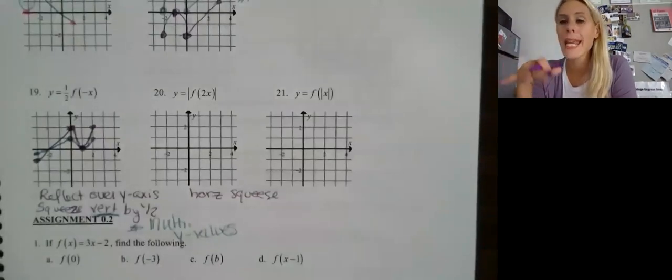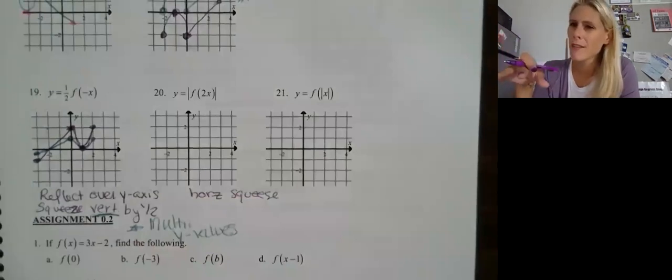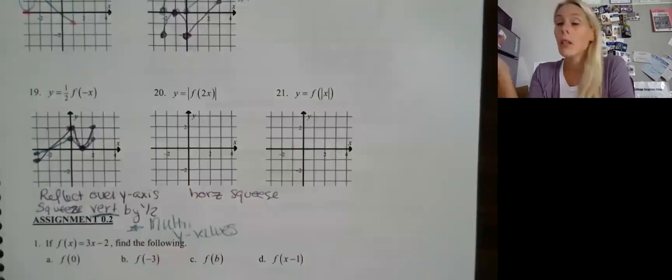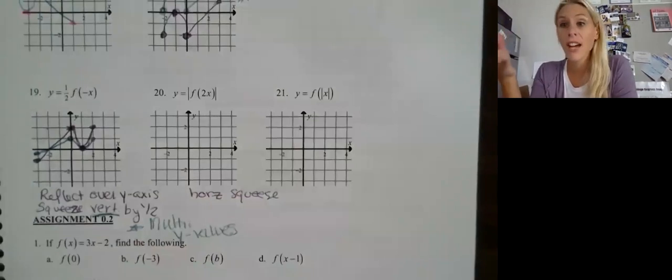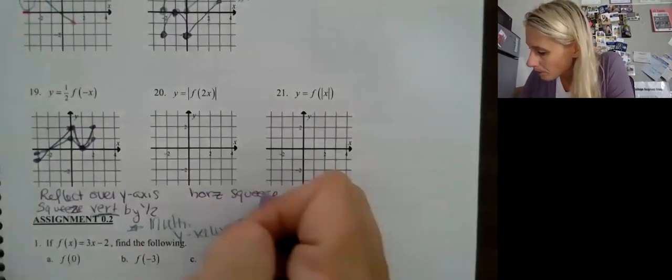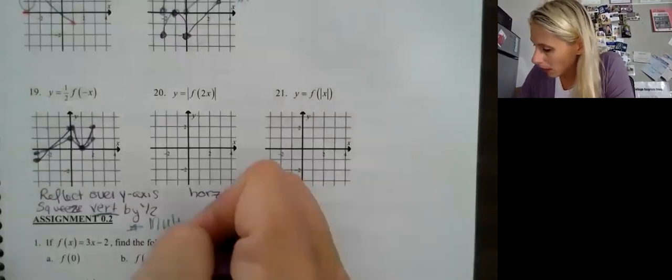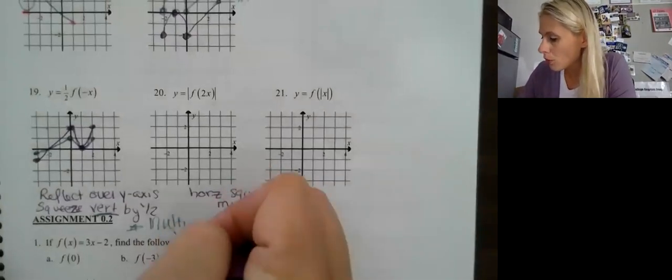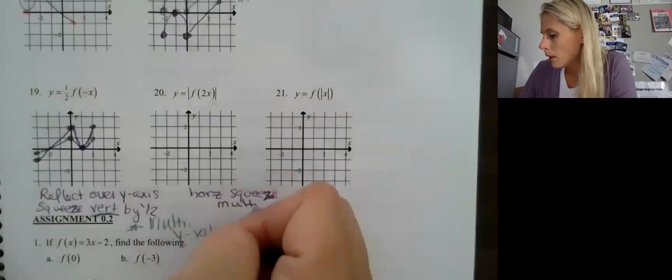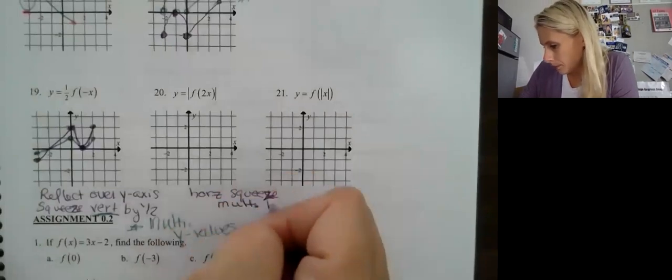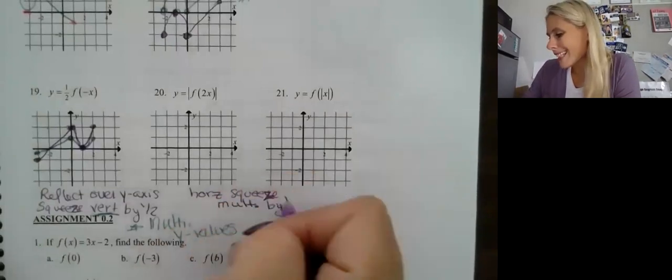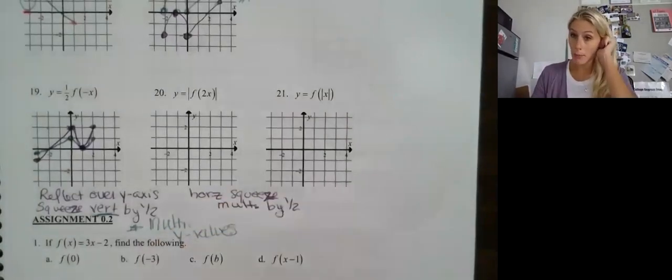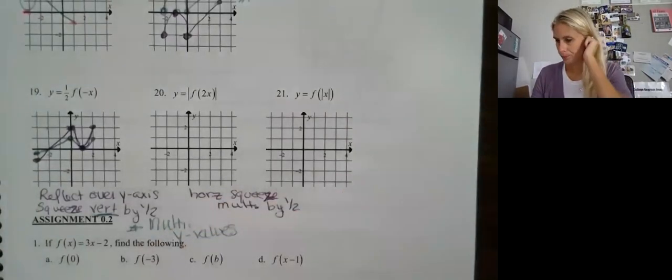It is the same thing when it comes to multiplying. The opposite of multiplying is dividing, so dividing by 2 is the same thing as multiplying by 1/2. So do the reciprocal. When it's on the inside, you multiply by the reciprocal.